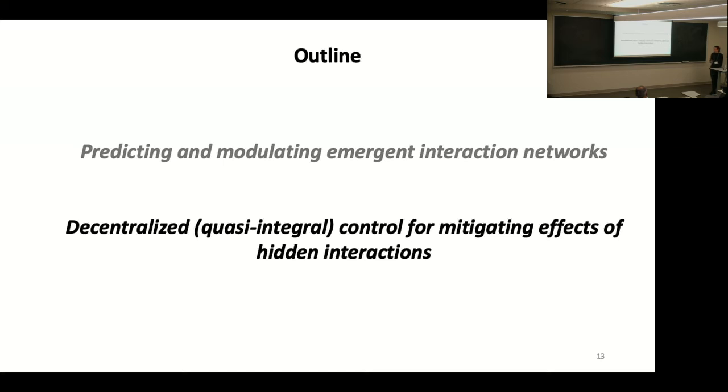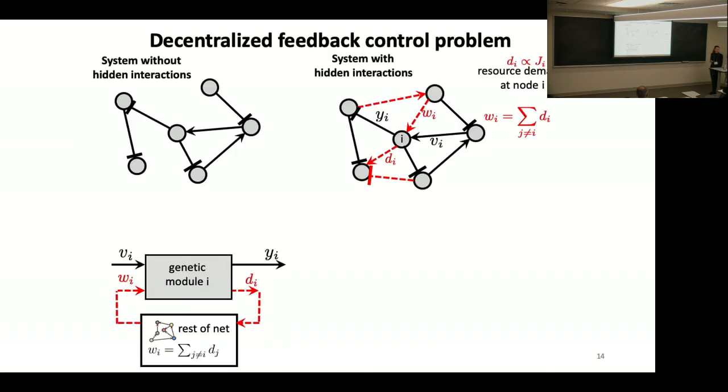Okay, so that said, that brings me to the second part, which is really this notion where, here is our system of intended regulatory interactions, and here is a system where we said there are these hidden interactions that occur because there is this resource sharing problem. So here is what I will do. I will view each one of these genes as my genetic module with regulatory inputs and regulatory outputs.